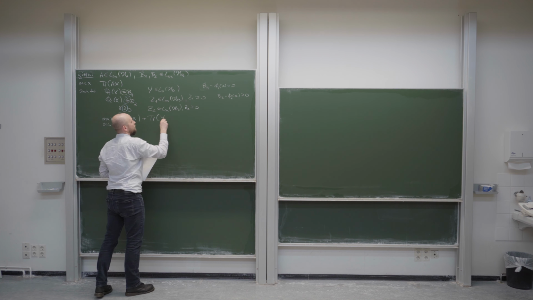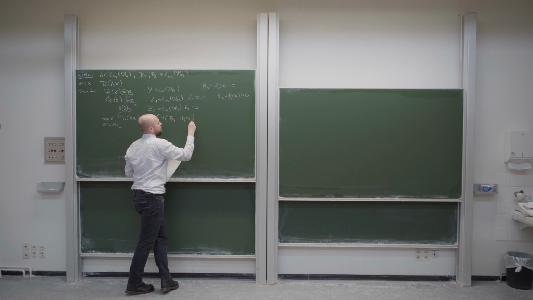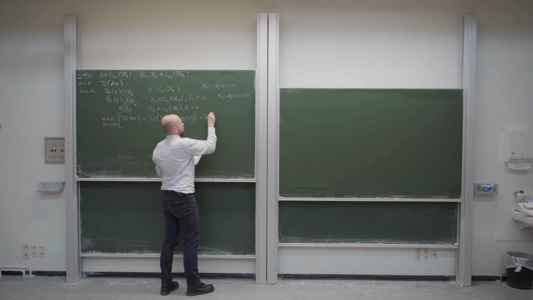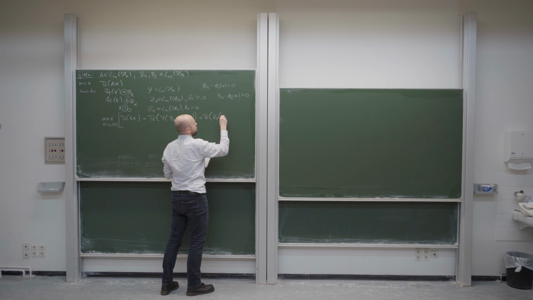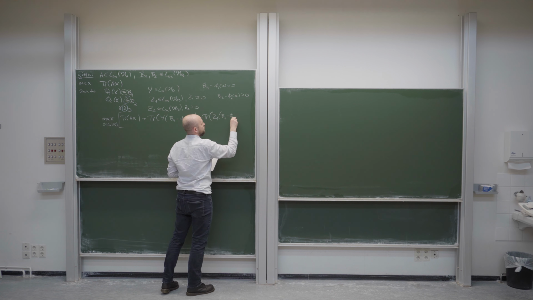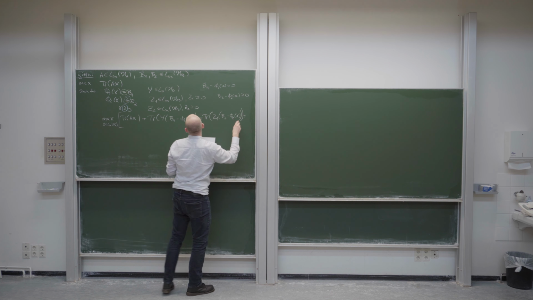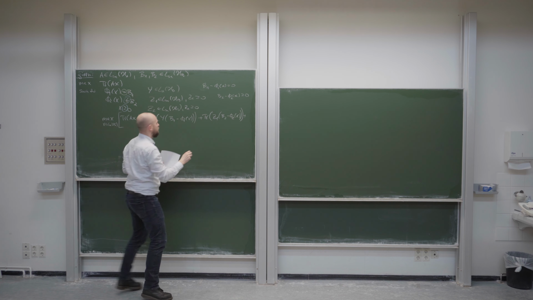So trace y b1 minus phi1 of x. Multiply this one by the z1 and trace. And again, multiply this one by z2 and trace.